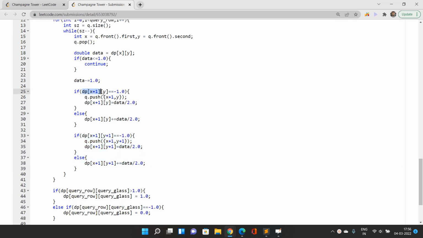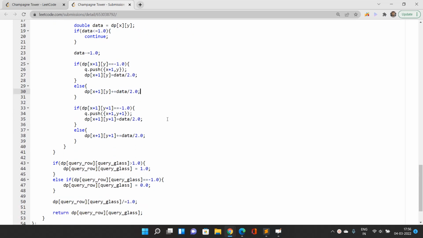Now if this value is still not processed, that is the glass does not have water, you are going to push it into the queue, the glass number x plus 1 comma y, and also initialize it with data divided by 2.0. And if it already has some water, you need to increment the water present in that glass, that is dp of x plus 1 y plus equal to data divided by 2.0.